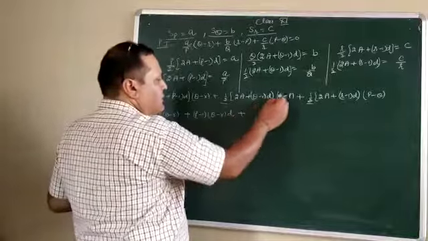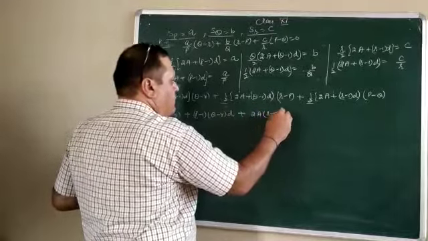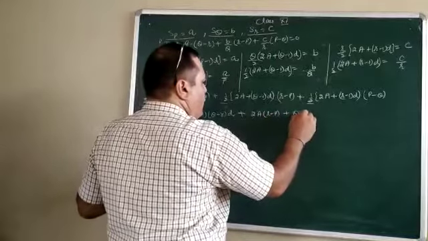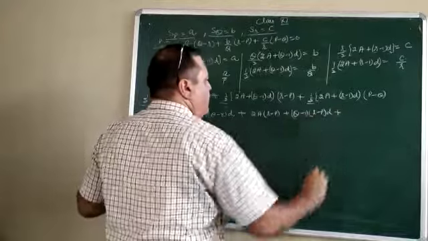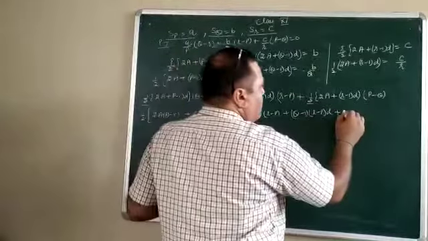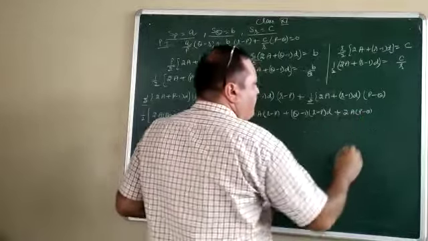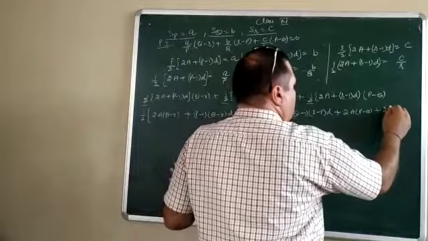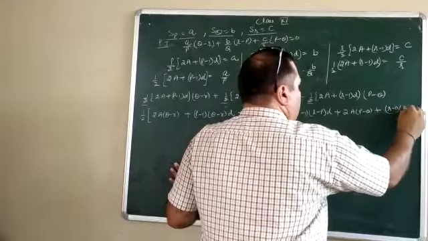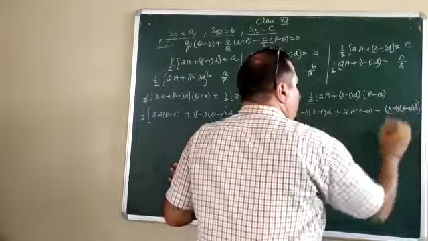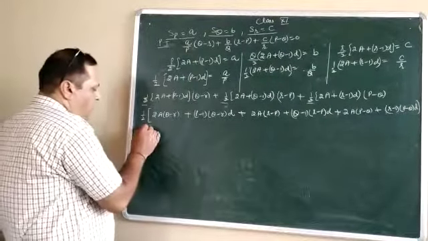Similarly, plus 2a into r minus p plus q minus 1 into r minus p along with d, plus 2a into p minus q plus r minus 1 into p minus q into d. This is simple multiplication.